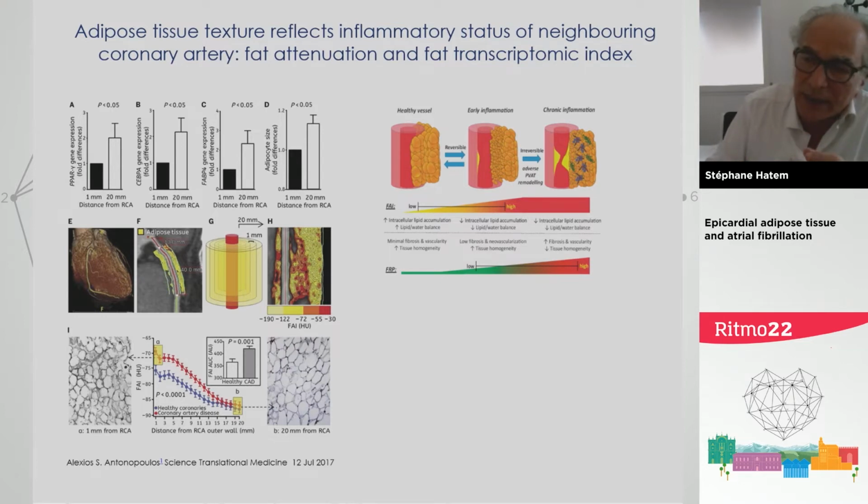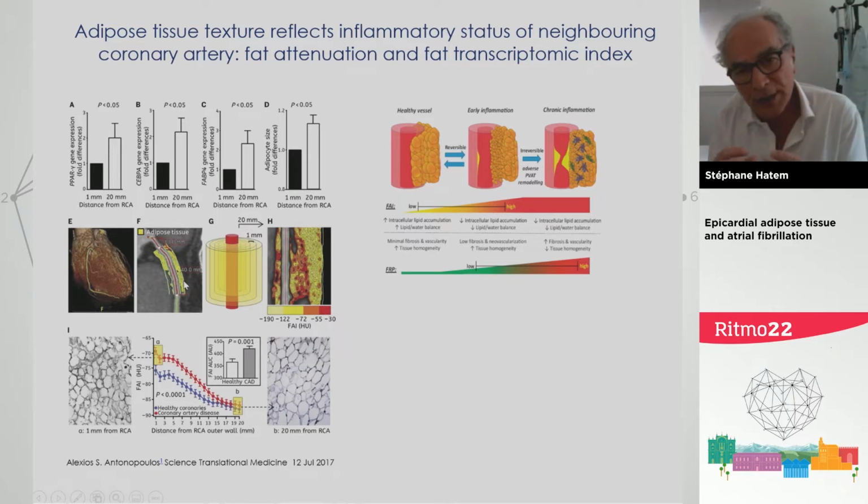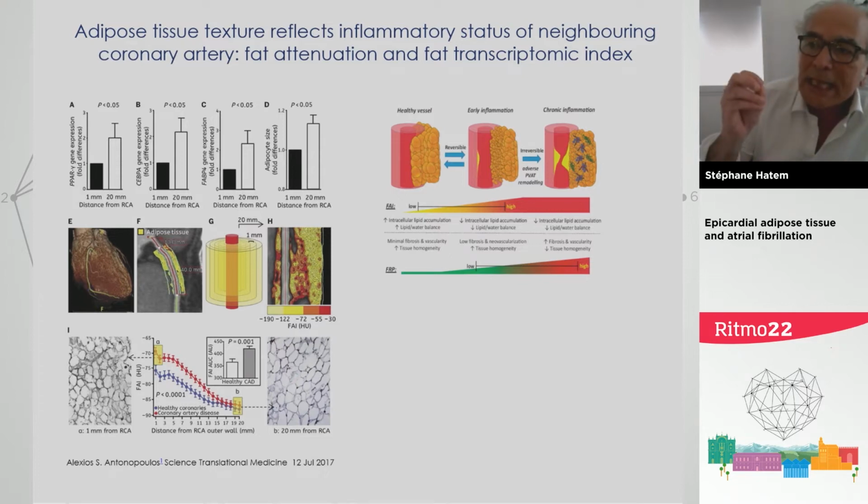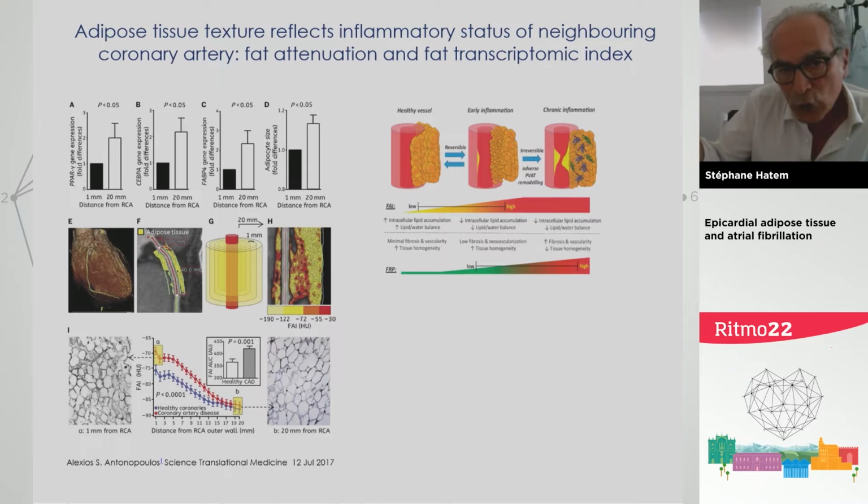They observed that the texture of the adipose tissue around a coronary artery, where there is a lateral plaque, is highly dependent on the inflammation or oxidative stress of the plaque, such that the plaque can diffuse factors that will transform the texture of the adipose tissue. And they found that with CT imaging, you can visualize this transformation of the texture of the adipose tissue, which they call the fat attenuation.